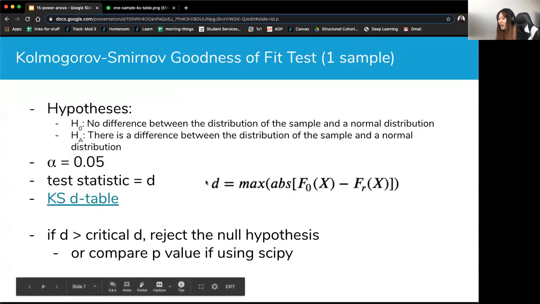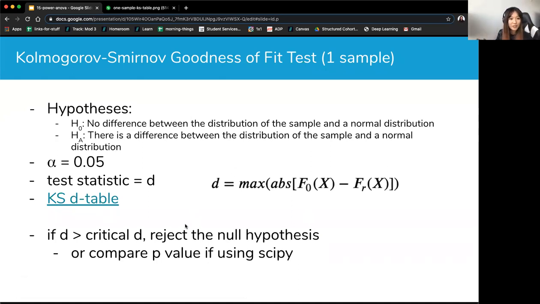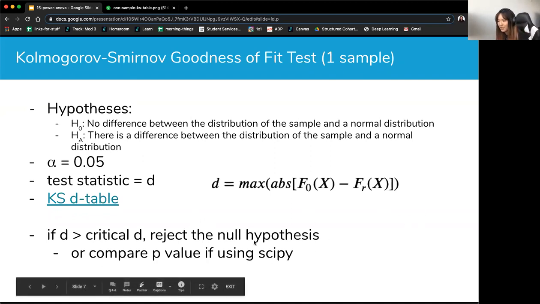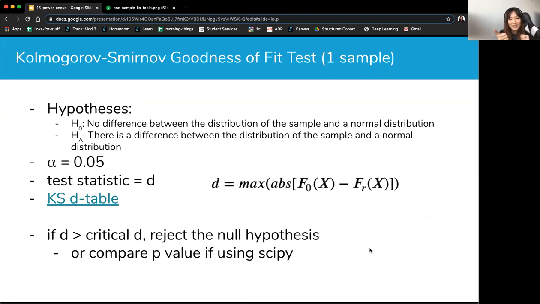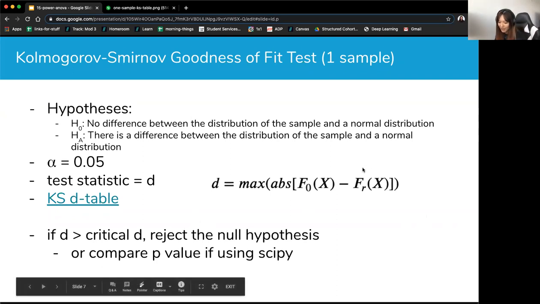So if the difference between CDFs is greater than 0.4 at any point, we can reject the null hypothesis, saying that there is a difference between the distributions and our sample is not normally distributed. You can either do that, or when you use SciPy, they actually give you the D statistic and the p-value straight away, so you don't have to look it up. And if the p-value is below 0.05, you can safely reject the null hypothesis.